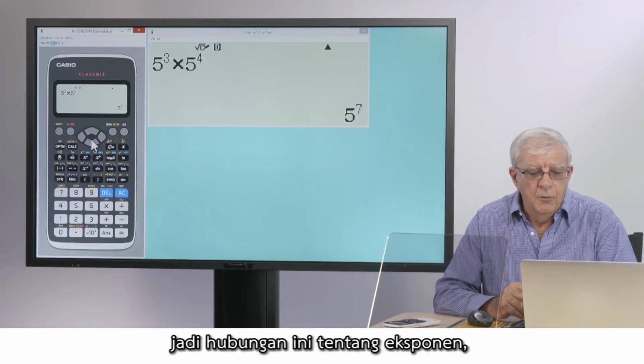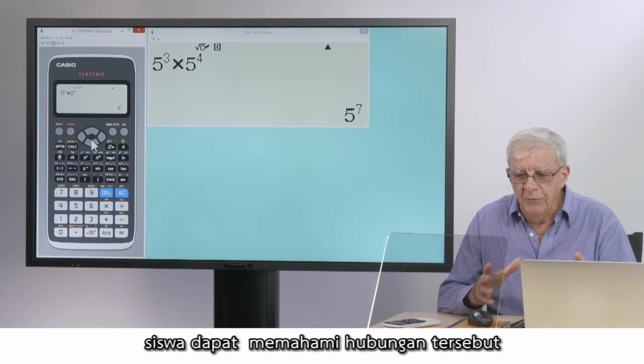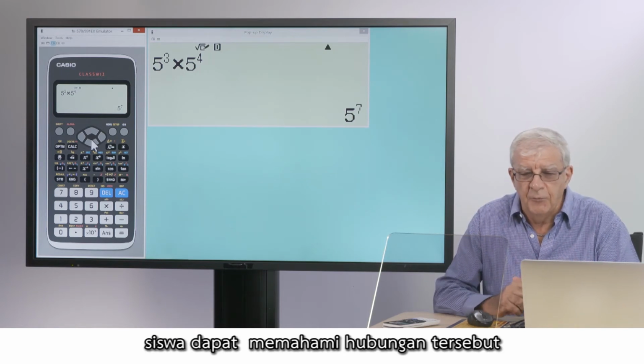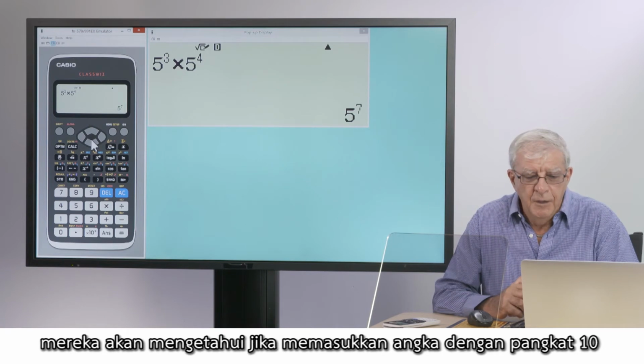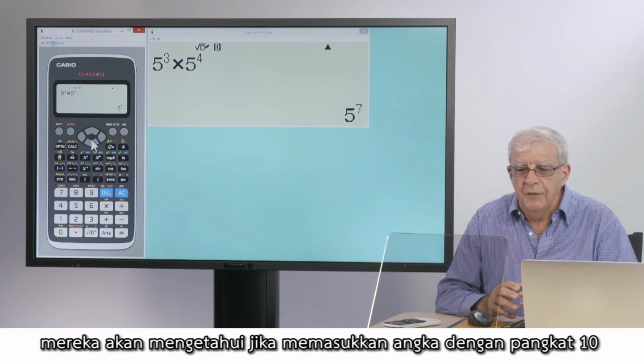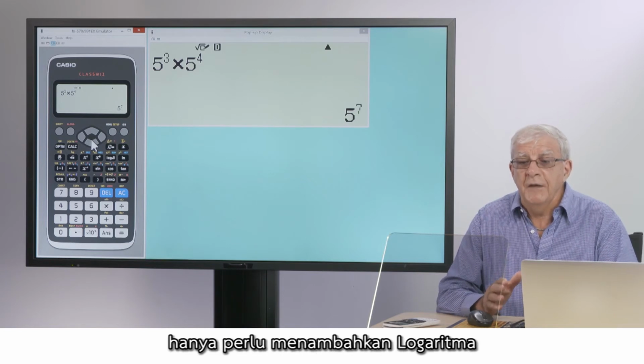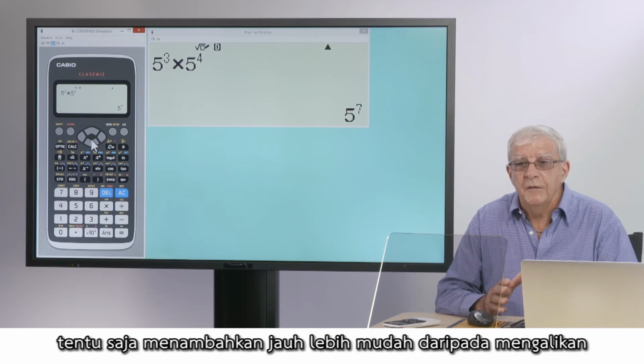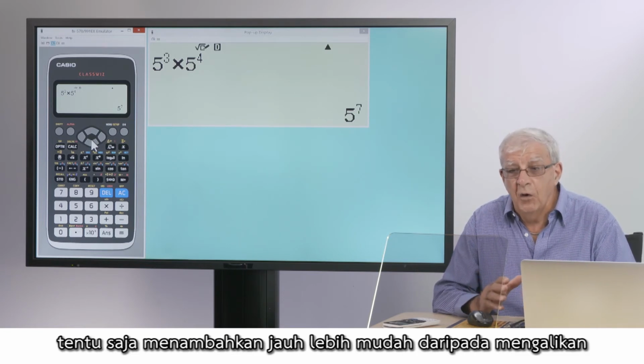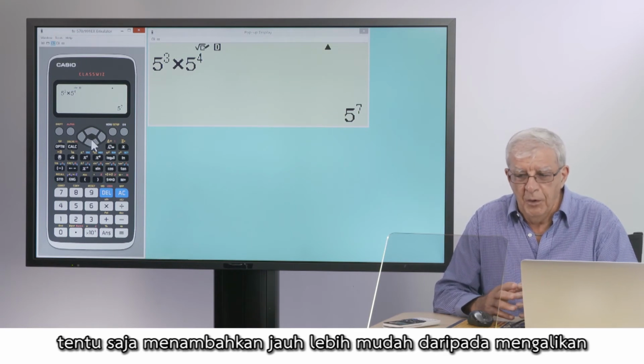So if students understand this relationship about indices, they'll know that if they can write a number as a power of 10 using logarithms, then to multiply the numbers they need only to add the logarithms. And of course adding is a lot easier than multiplying.